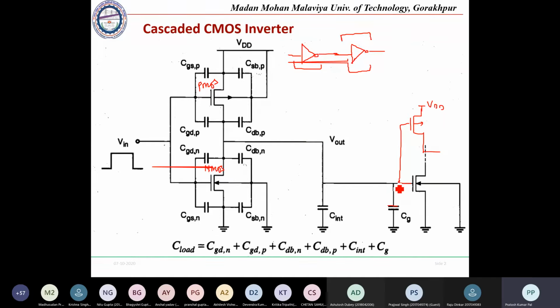The output terminal will have some capacitance because of the parasitics associated with the transistors connected at the output terminal. Suppose that capacitance is given by CG. And to connect the first inverter to the second inverter input, some interconnects will be used.